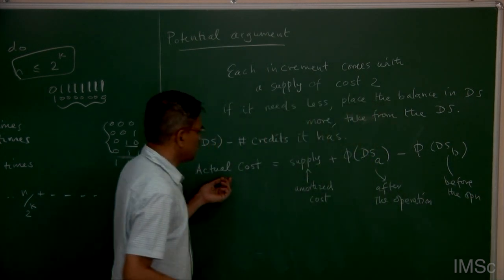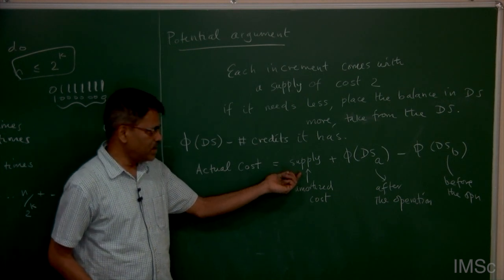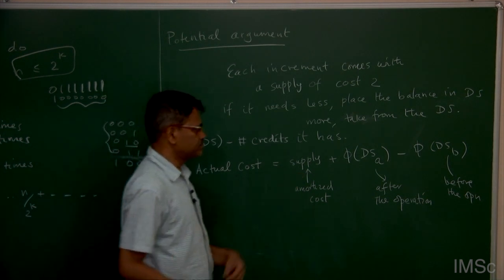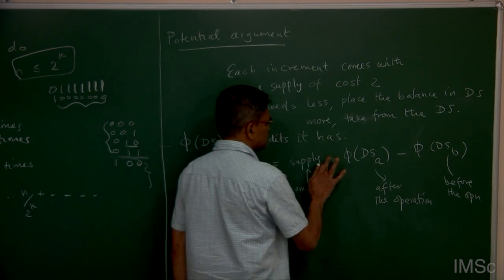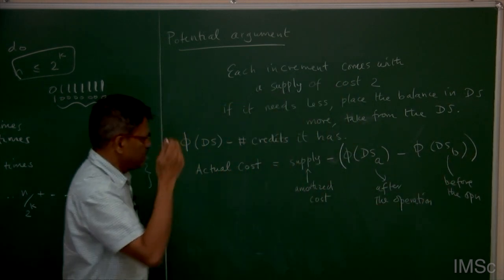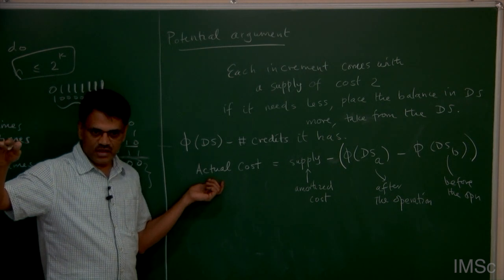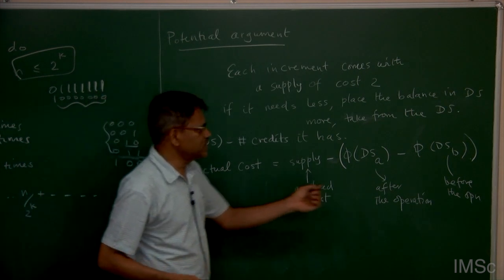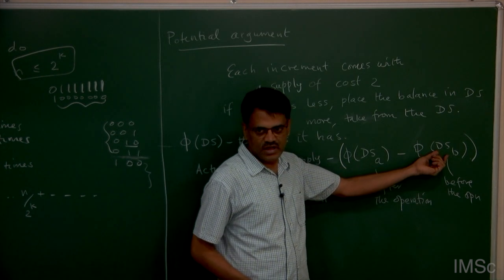If the actual cost is more than what I am supplied, then I'm going to take from the data structure, so the potential after will be smaller than the potential before.